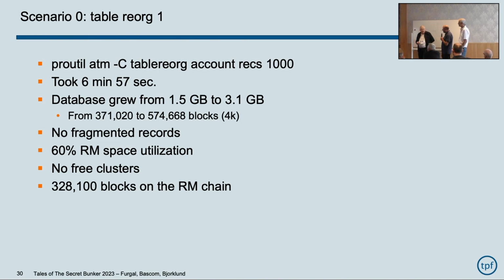One thing we don't talk about, but we use this Rex 1000. The default is Rex 100. What that means is each transaction would have 100 records being moved, and then that would end that transaction. So we did Rex 1000, thinking it would be faster, and it may or may not be. We'll see later.